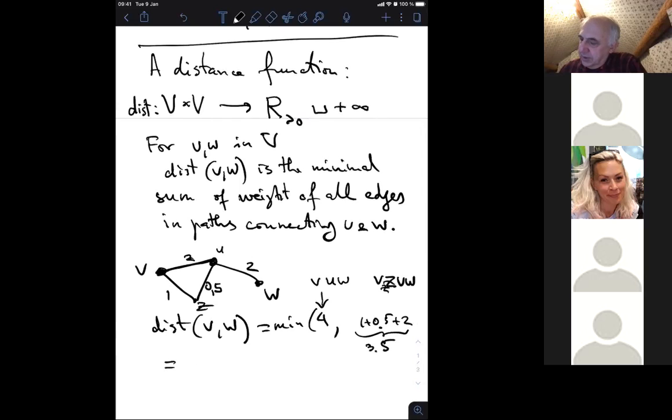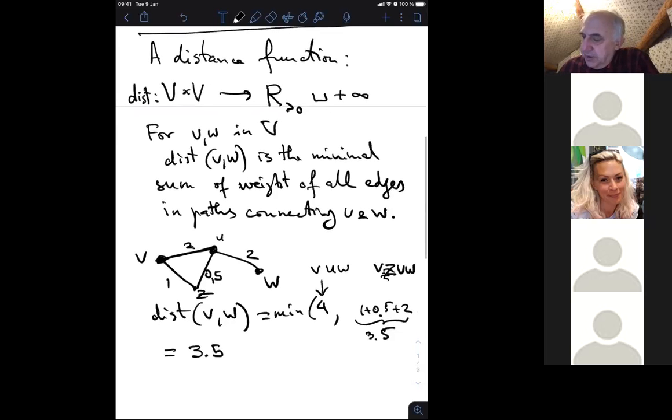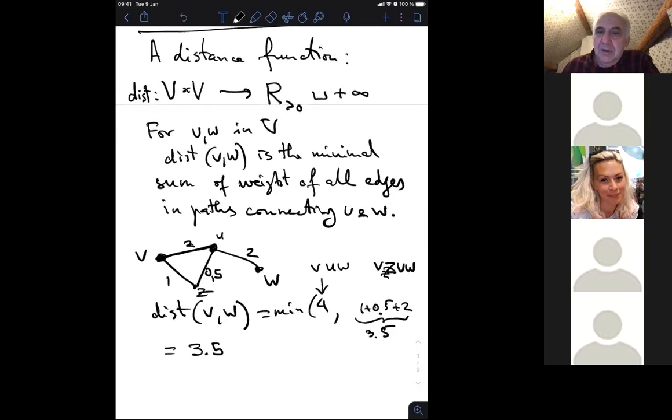So the actual distance would be 3.5, and it's realized by a path with more edges. And we know this from practice. It's not that the shortest way between 2 points has to have the minimal number of turns. It could be something else, of course.